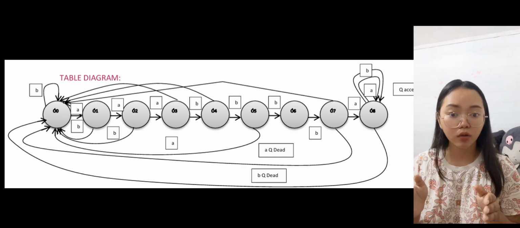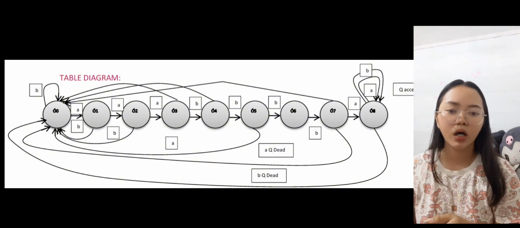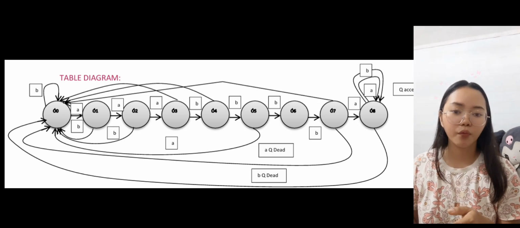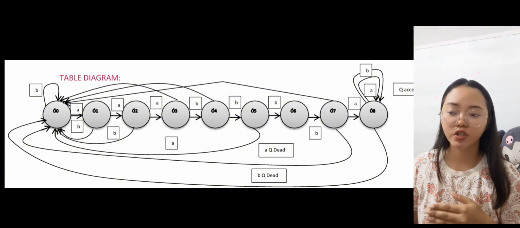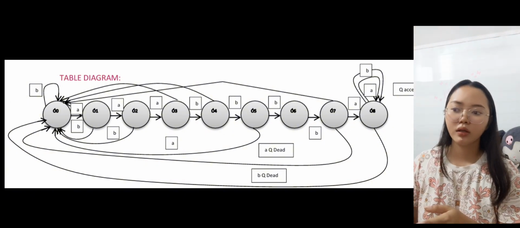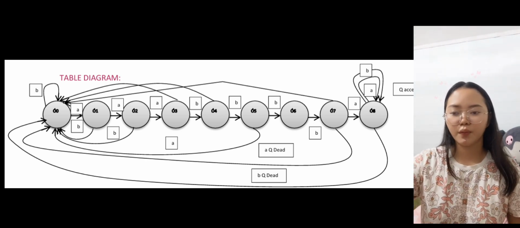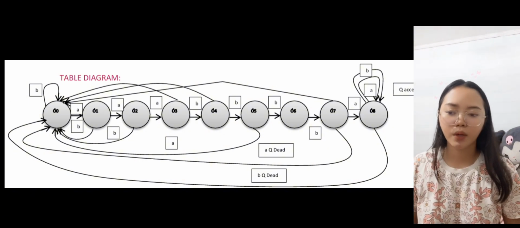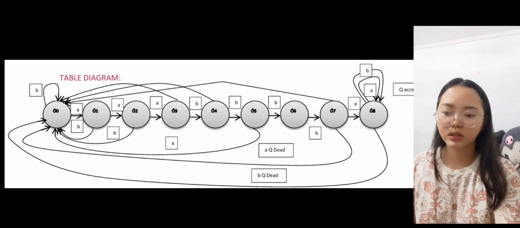I allowed any characters like B in the middle, which does not affect the string, because we are only asked to make a transition diagram that starts with AAAA and ends with BBA. I allowed two characters in the middle, both B, that do not affect the string.